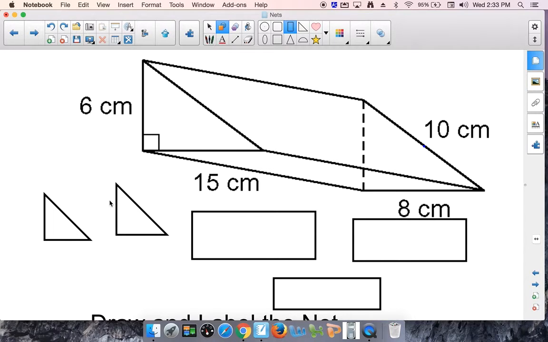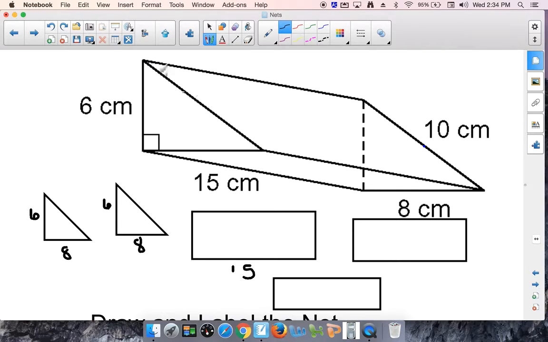Now I need to label them. So this is a 6 by, well, I've got to figure that out. When I look over here, it's a 6 by 8. So 6 by 8, 6 by 8. Now I'm looking at this rectangle right here. Well, its base is the same base as it's down there, so it's 15.